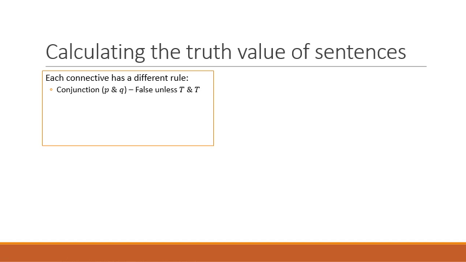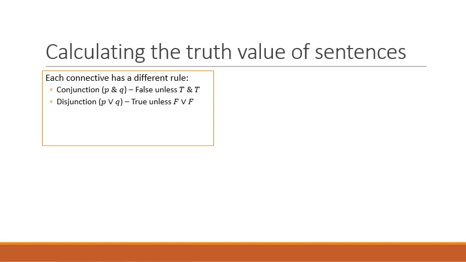So if I say today is sunny and it's windy outside, well, it better be the case that both of those things are happening, right? It better be that both P is true, that it's sunny, and Q is true, that it's windy. So the word and entails that both of those things need to be true. So the rule is that they're false unless they're both true.